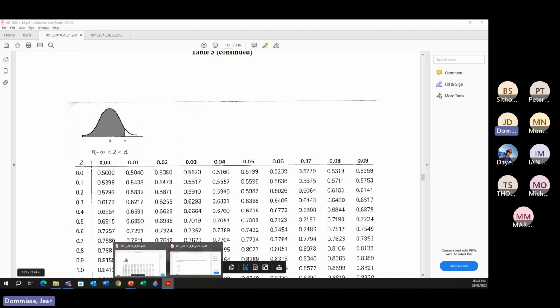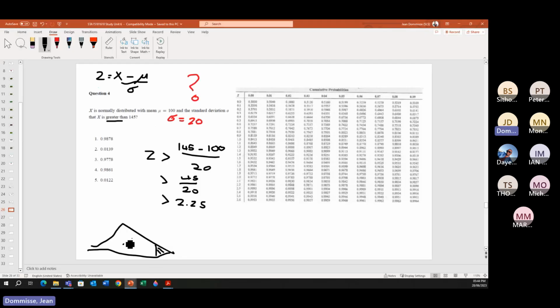So the table is going to give us this side, but we want the other small area.